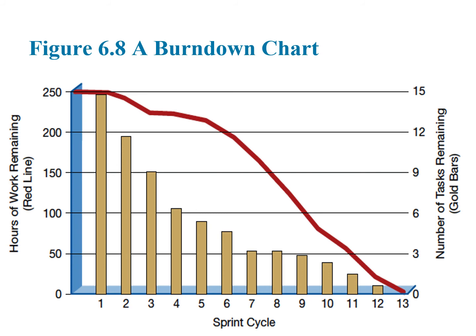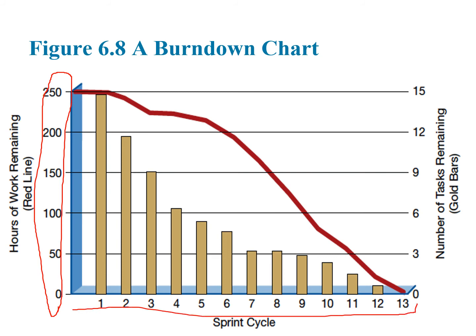So here we have this figure illustrating the axes, as we said. The vertical axis is representing the number of tasks, and this one is representing the timing to achieve the remaining tasks.